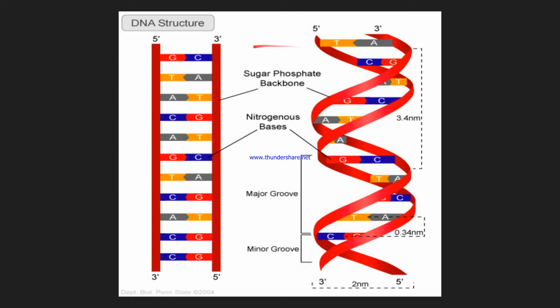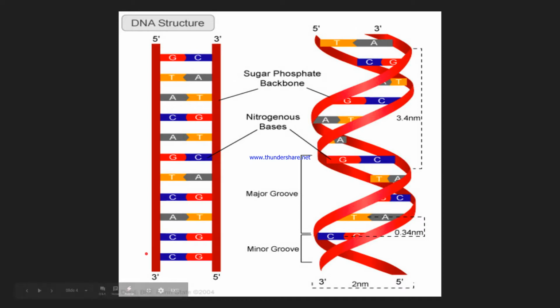In the strands, the phosphate group is going to be at the top because this is a 5'. Whenever there's a 5', that means there is a phosphate group attached to the end, and that's simply because the phosphate group is attached to the number 5 carbon in the ribose sugar. So since the number 5 carbon is closest to the top, we call this the 5' end.